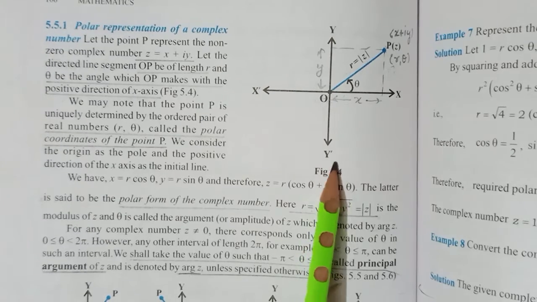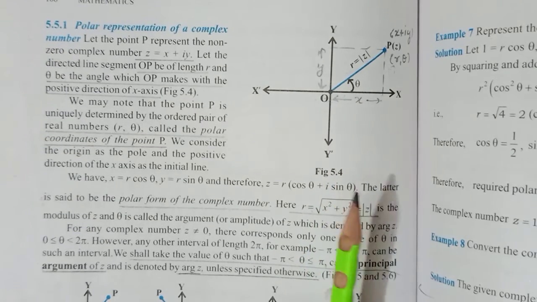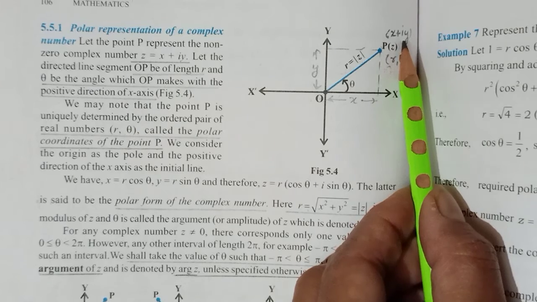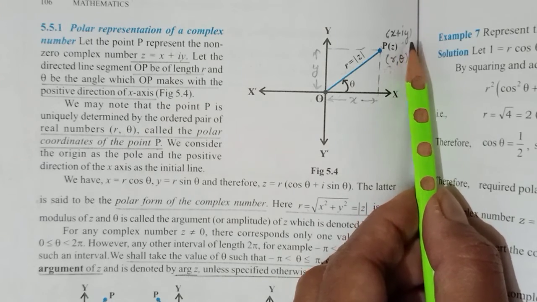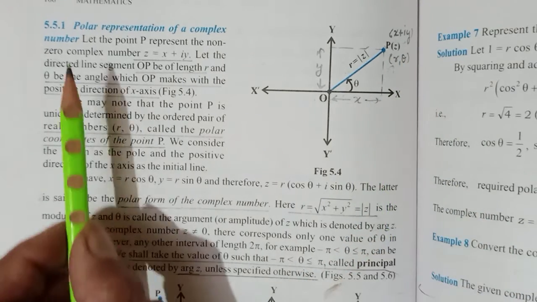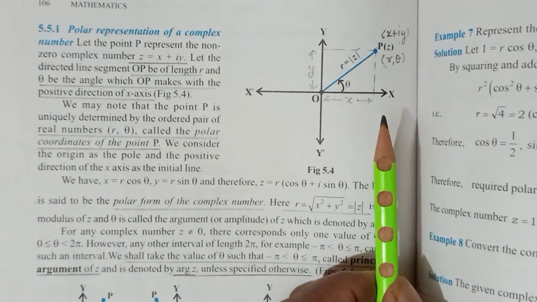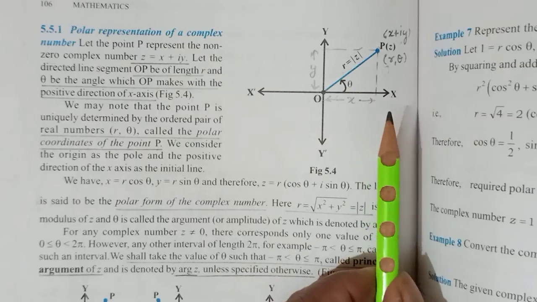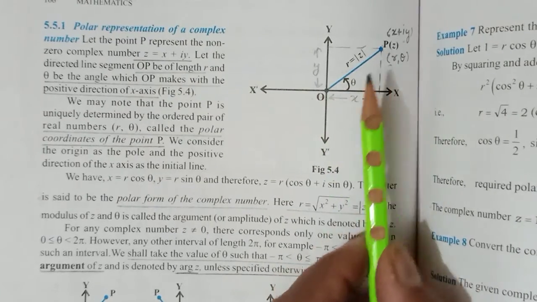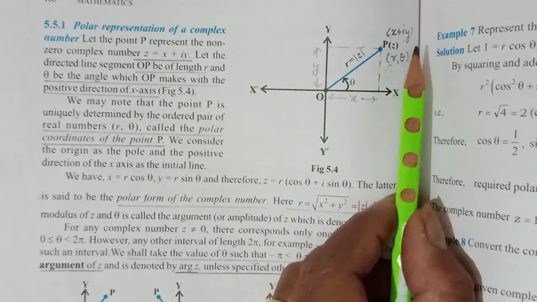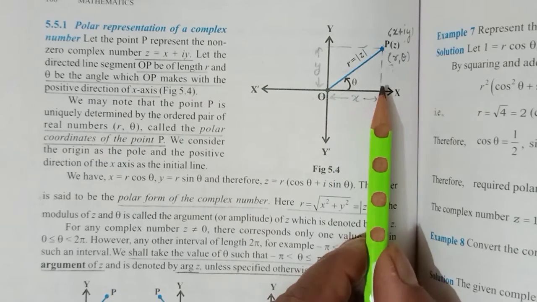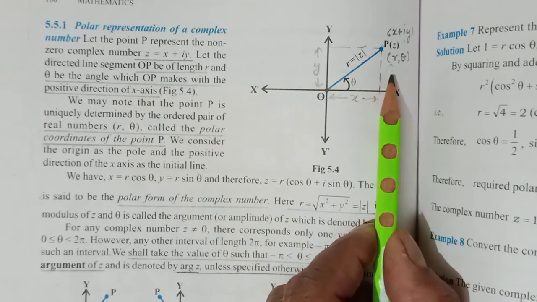Now what we are going to do here is learn conversion from this x plus iy form to polar form, the polar representation of a complex number. From here only you can apply geometry and understand it very well, as I've shown you in the figure, that r is this length, and if I say x plus iy, then this length is x, and here this length would be y, right?